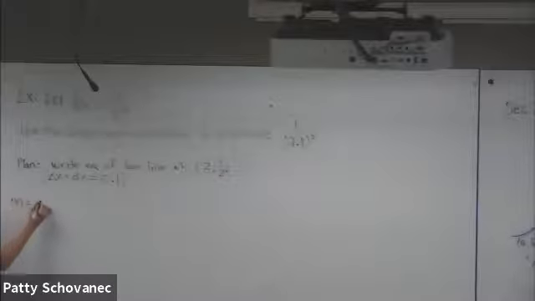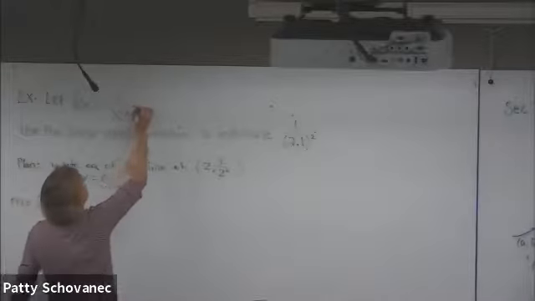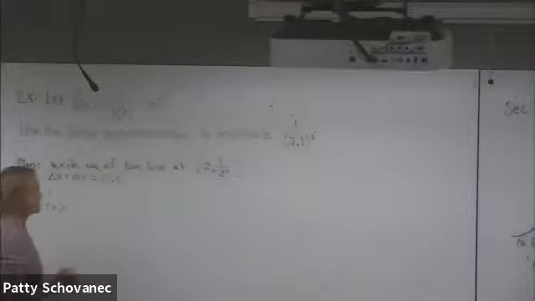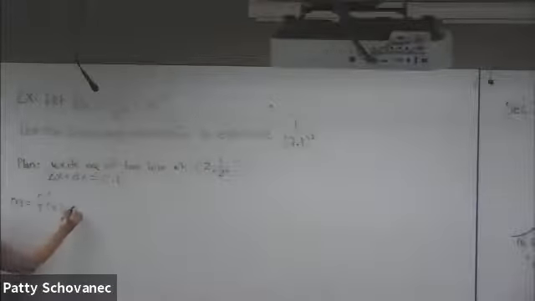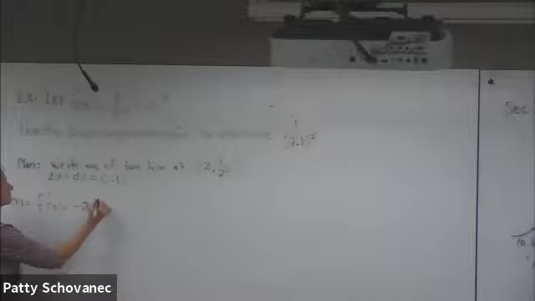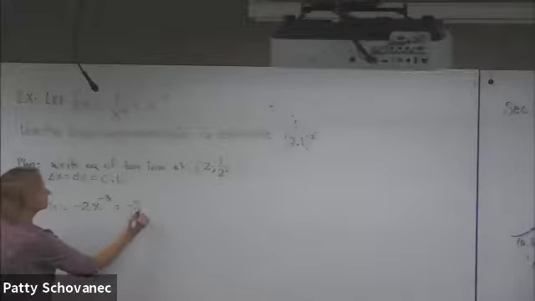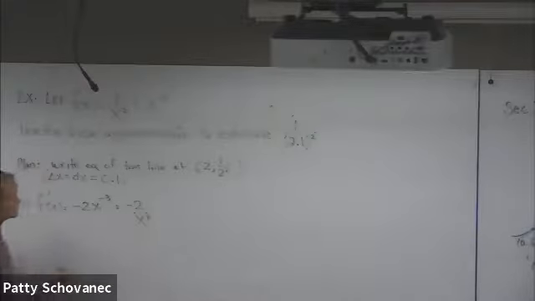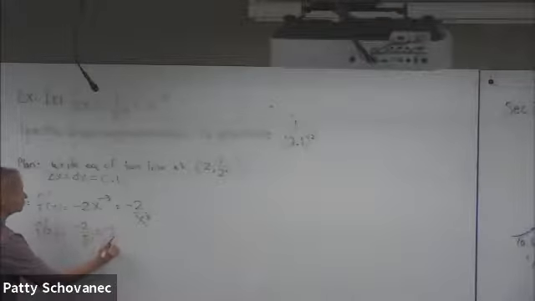What's the derivative of 1 over x squared? So it's a minus 2x to the minus 3, right? So negative 2 over x cubed. Then we need that number when x is 2. And I get negative 2 over 2 cubed. 2 cubed is 8. So I get a negative 1/4.